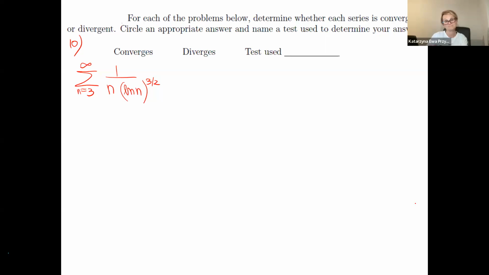Okay, number 10. What can we do? Oh, this one, yes, because this one we may also try to compare, but I think none of the comparisons work. Okay, we will do the integral, but let's say if I put 1, we know that 1 is less than natural log, but now we are in the denominator.